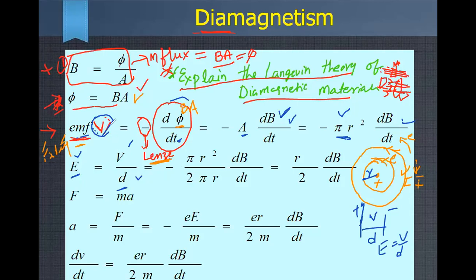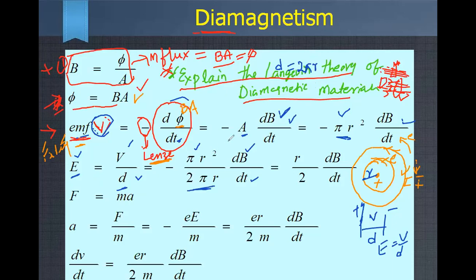Now I have to substitute the V value, which is the E value we got: minus pi r square dB by dt. What is the value of d? Every step you have to note down. d is equal to 2 pi r, the circumference of the circle. Is it clear? So d should be 2 pi r.